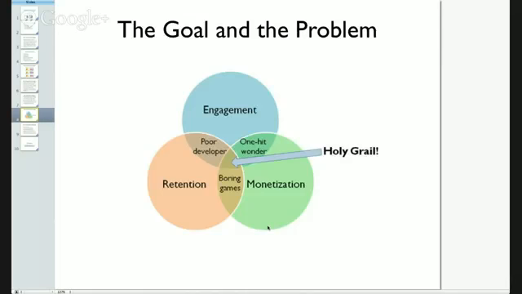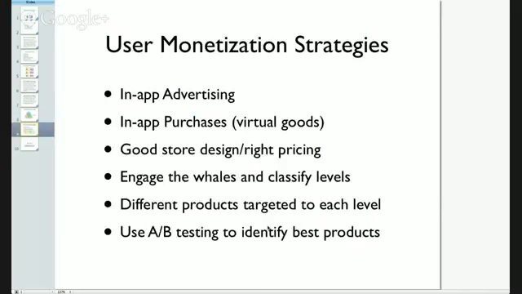And that's really what you need, and that's what makes games, mobile games, really hard, especially because there's a lot of competition for people's time. So in user monetization strategies, Radhika will get into more detail on this, but the key things are in-app advertising and in-app purchases, so virtual goods. And the advertising has to be not intrusive.